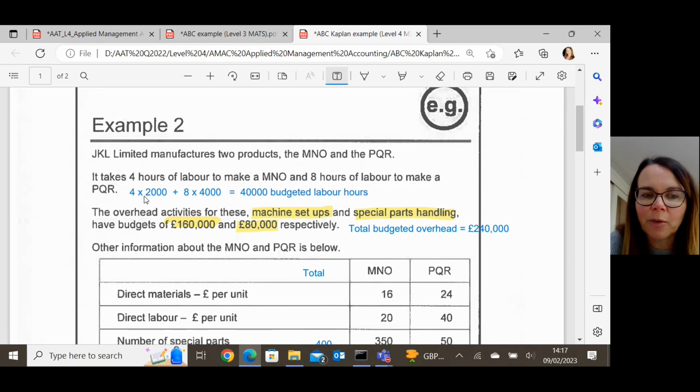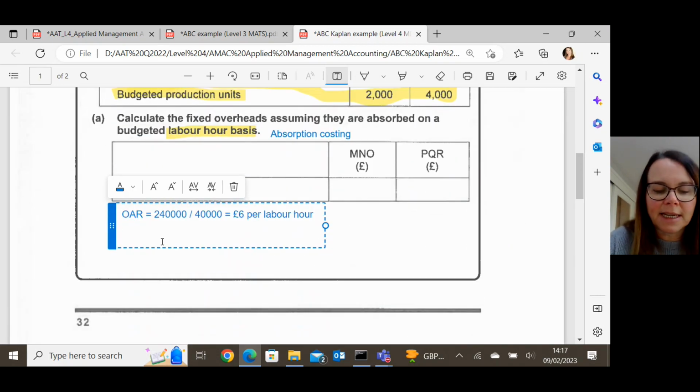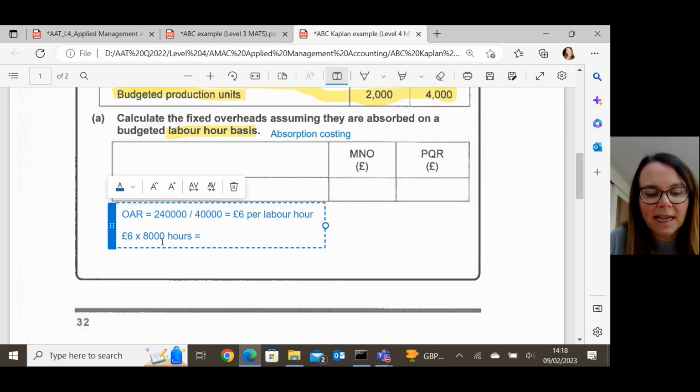So that's 8,000 hours for the MNO. So let's times our overhead absorption rate by those 8,000 hours, which gives me 48,000.